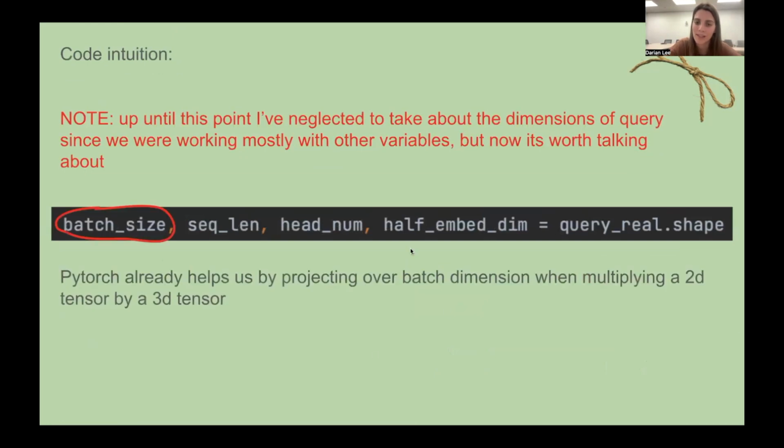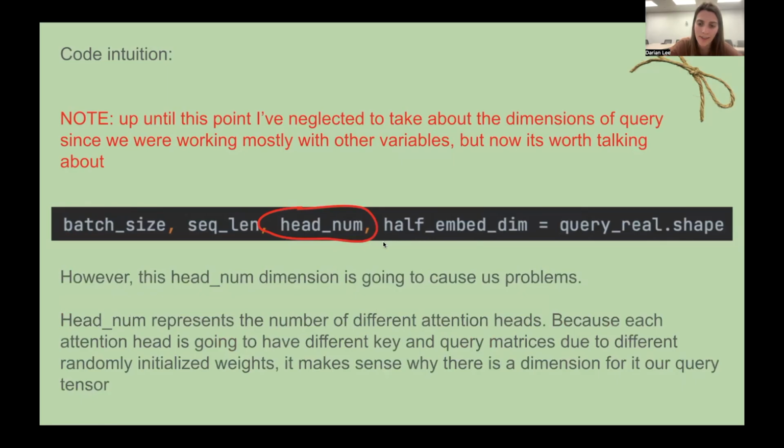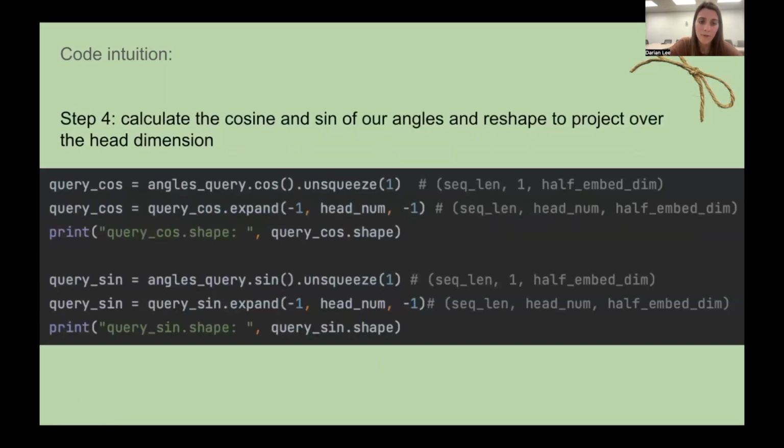So nothing is really dependent on these embeddings, so we can just project over the head num. So how we're going to do this is when calculating the cosine and sine angles, we are going to unsqueeze, which is just going to add this dimension as 1.